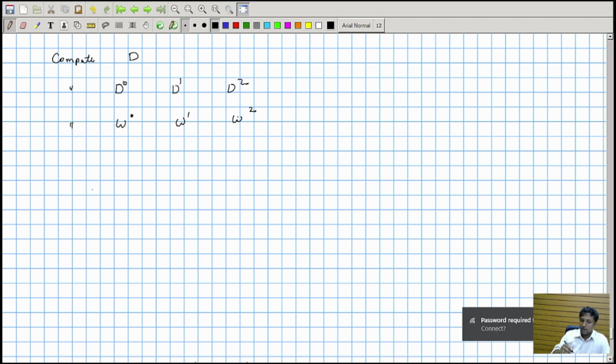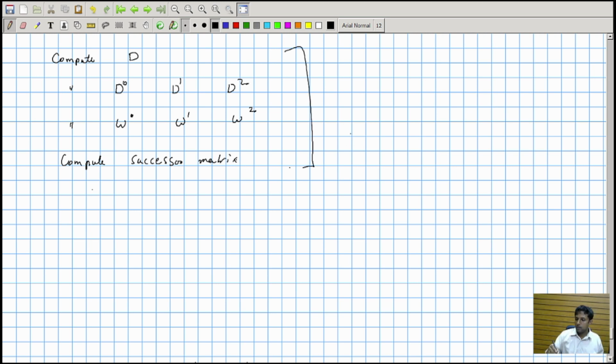And once these are computed, we could compute the successor matrix. So all these steps you can do in time n raised to omega log n squared. So this is going to be the maximum time taken to perform all these operations. Okay, so that's a subcubic algorithm for all pairs shortest paths. We'll stop here.